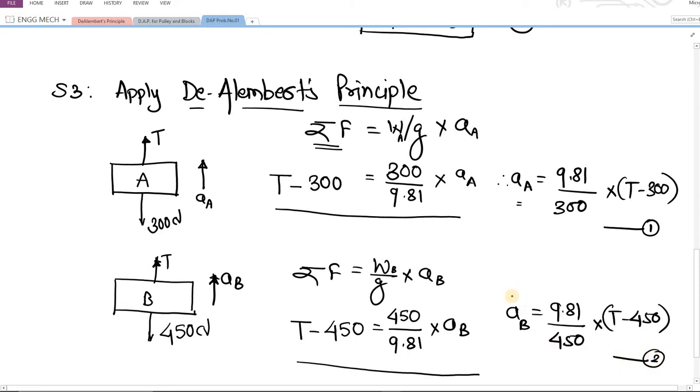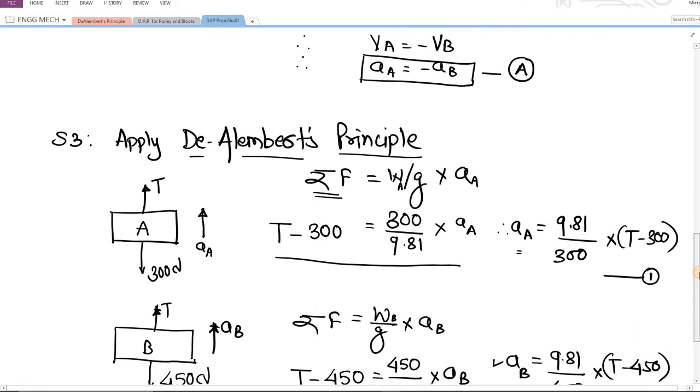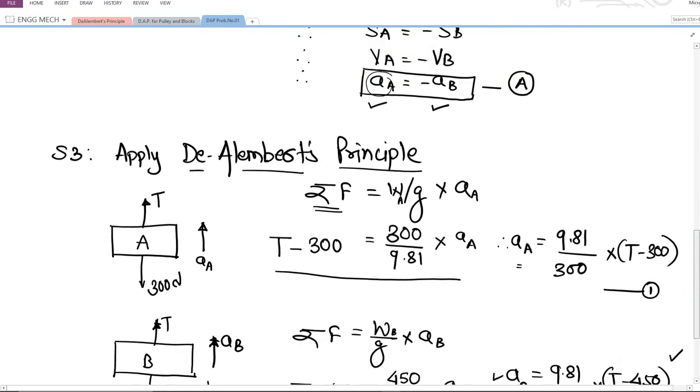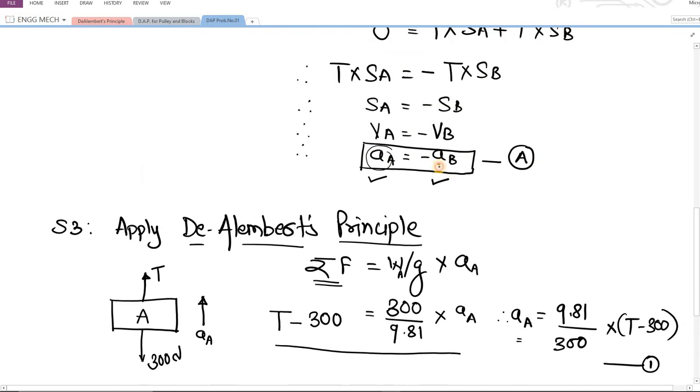Now since we have got these equations in this specific acceleration format, what can we do with them? See, what we have established previously, A suffix A is equal to minus that of A suffix B. Means we can replace A suffix A by this equation and A suffix B by this equation. But when we put the value of A suffix B, we will make sure that we attach this negative sign.